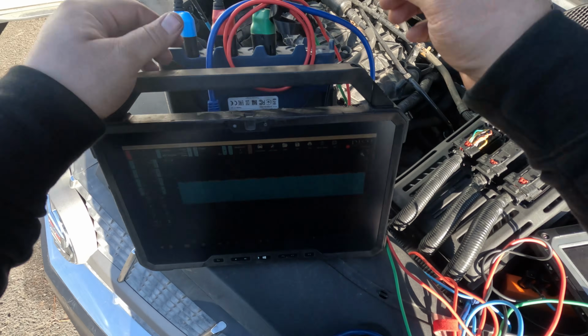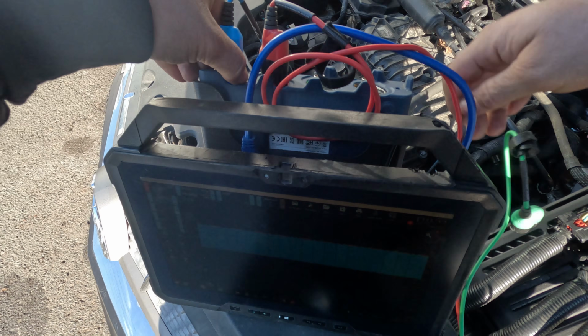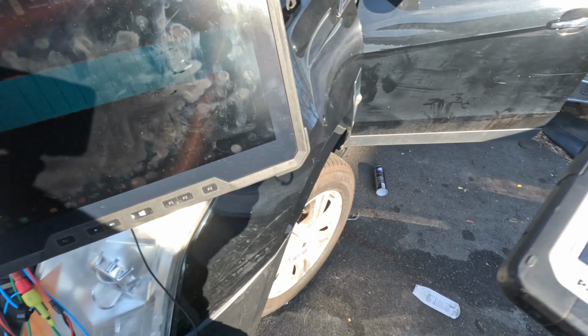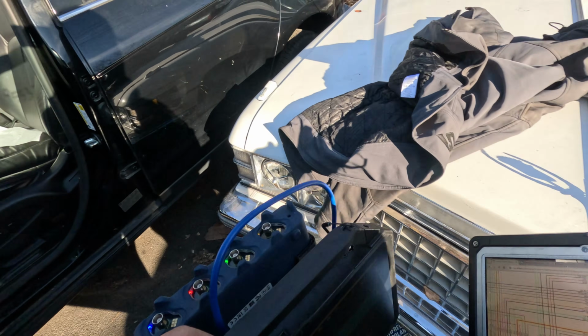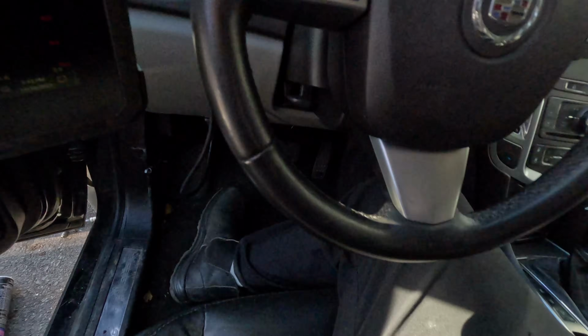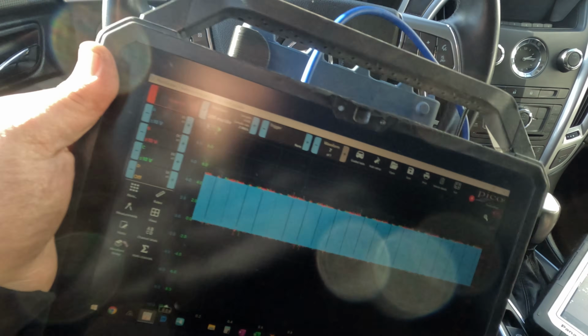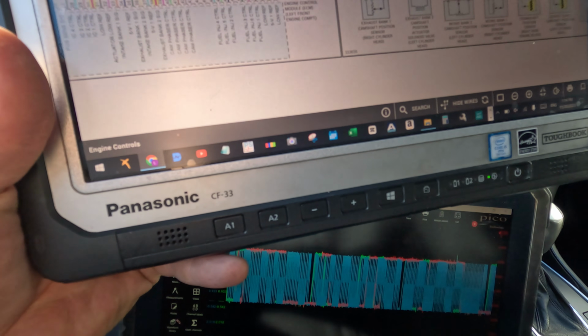Okay, now let's just unplug this and let's go look at a known good. So this is the exhaust. I'm gonna have the intake saved. Alright, let's just go in the car so it's quiet. So I found one on Diagnostic Network.